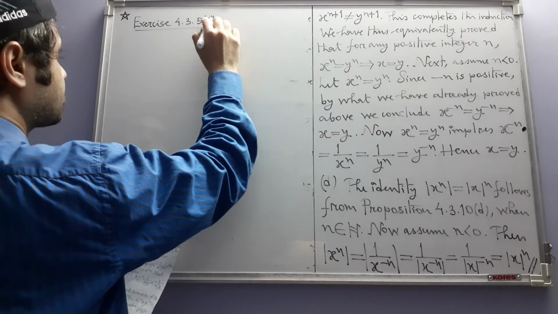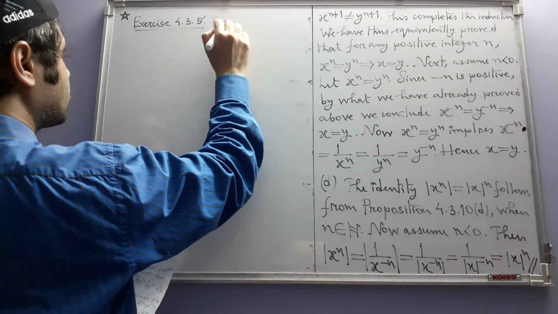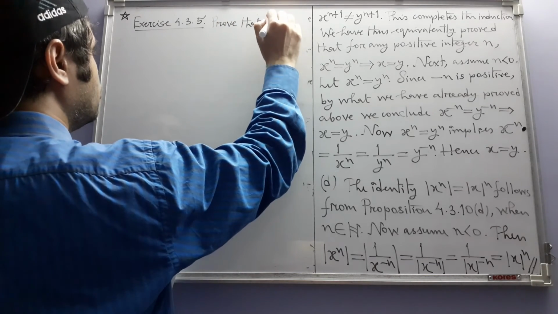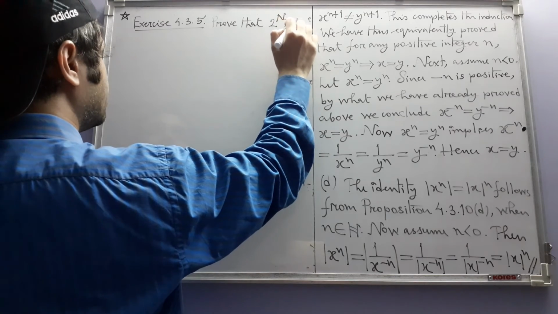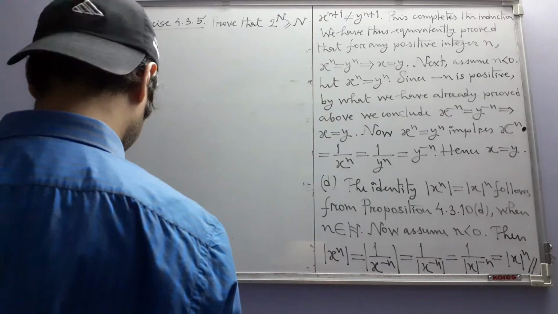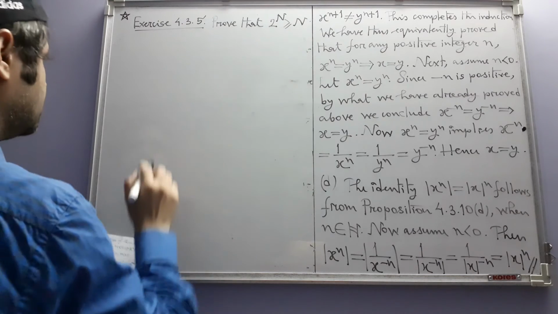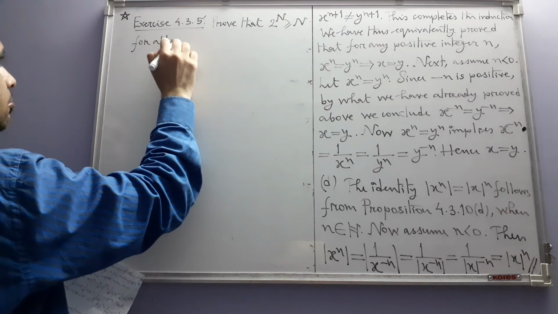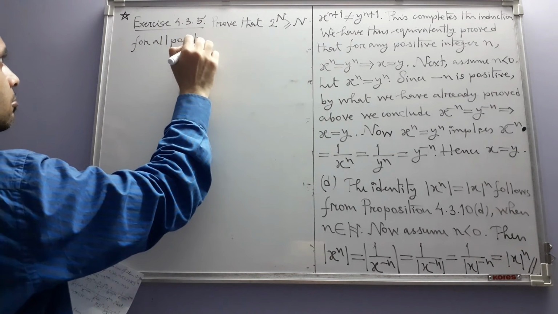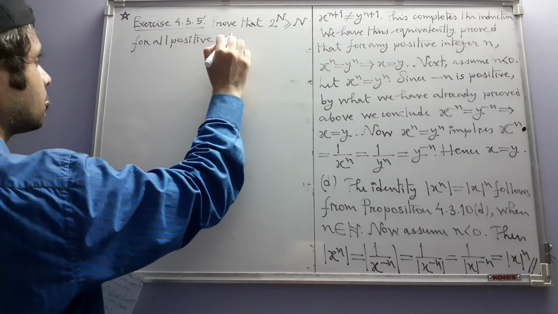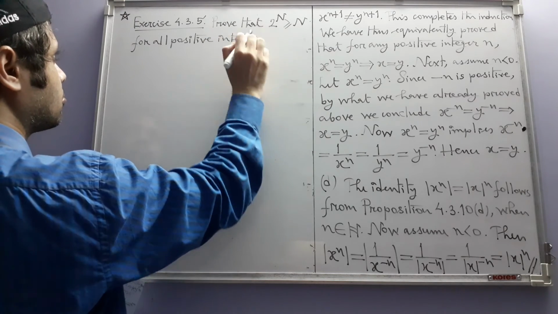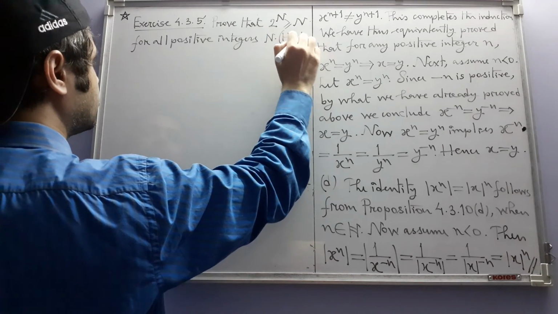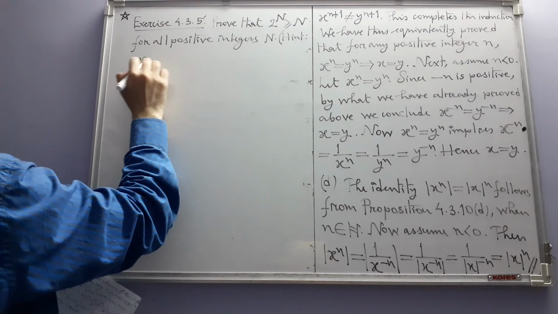Prove that 2 to the power n is greater than or equal to n for all positive integers n, and there is a hint also. The hint is nothing but use induction.